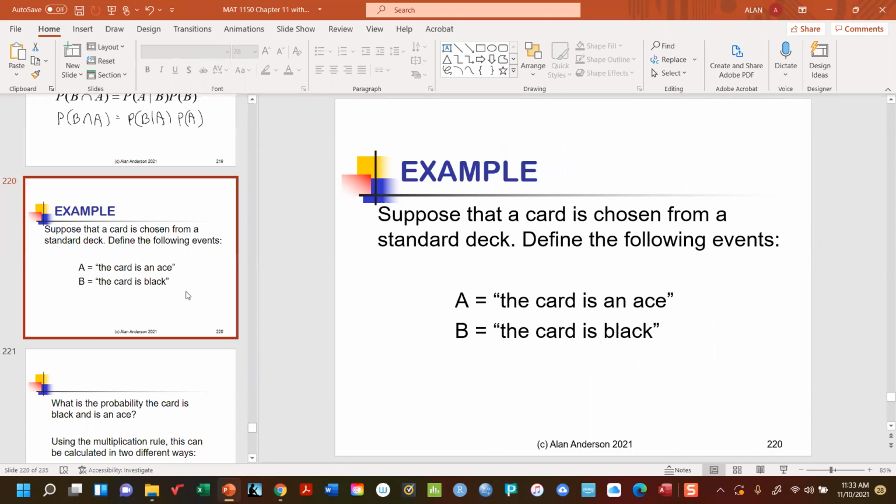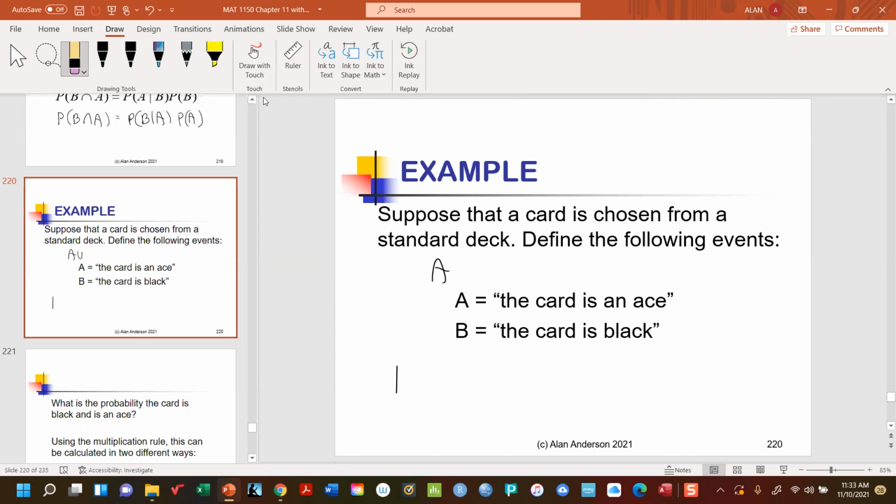A is the event that the card we choose is an ace, and B is the event that the card is black. Now, if we want to calculate a joint probability, A and B is the event that the card is a black ace. In other words, being both black and an ace means being a black ace.